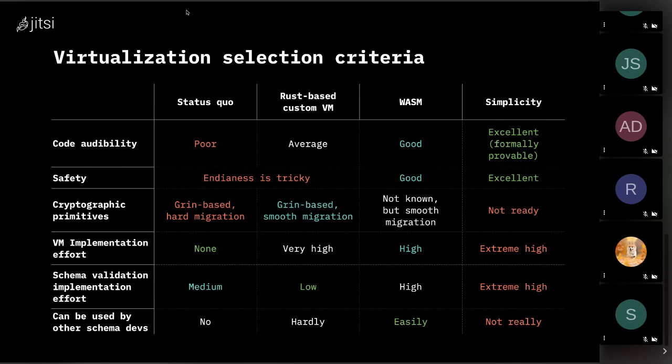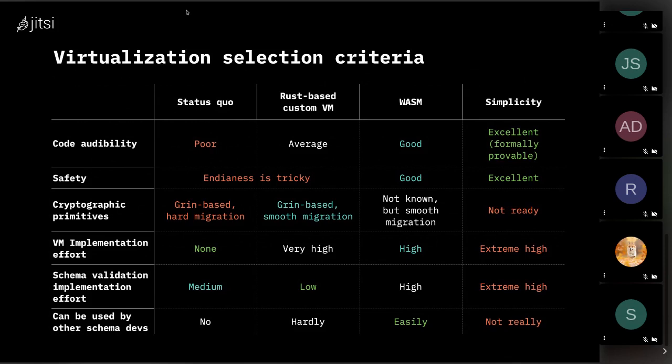So the second option is a Rust-based custom virtual machine, as a temporary solution until we get to the others, so the first and the second are temporary solutions. The non-temporary solutions are using the Wasm, WebAssembly, virtual machine to run the smart contracts, and using simplicity to run the smart contracts. So basically wait for simplicity to run the smart contracts.